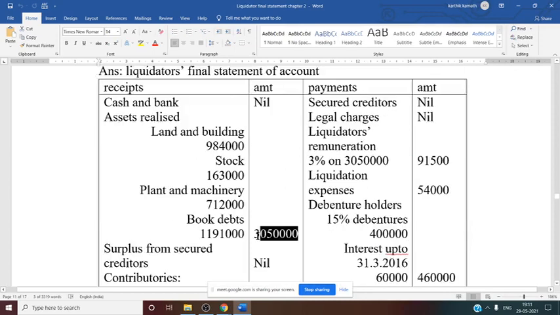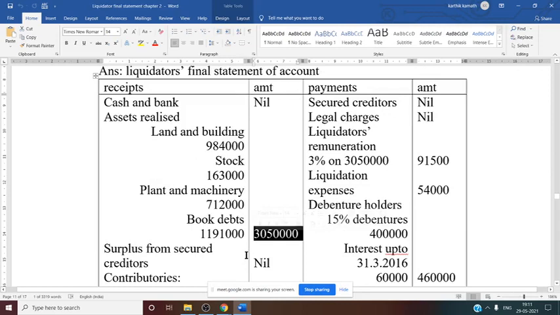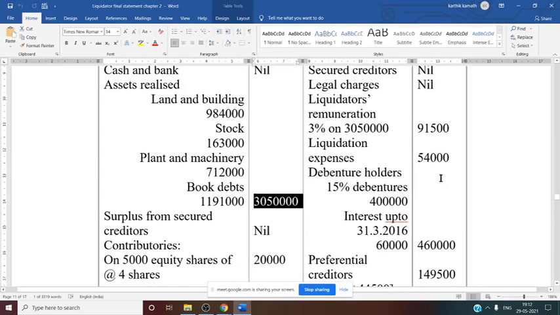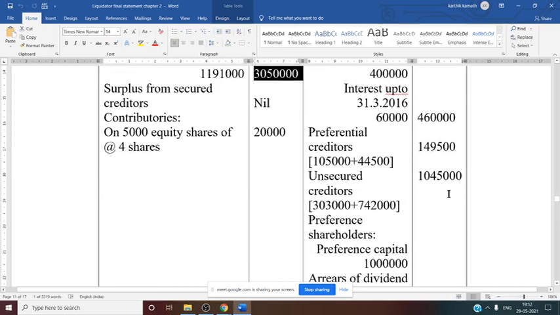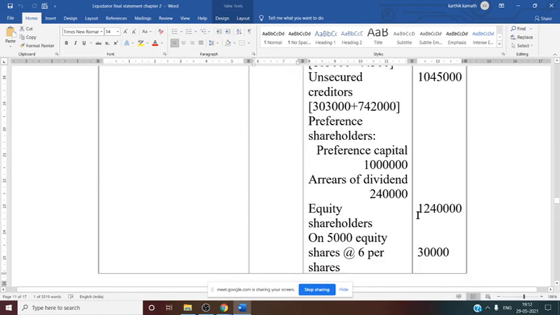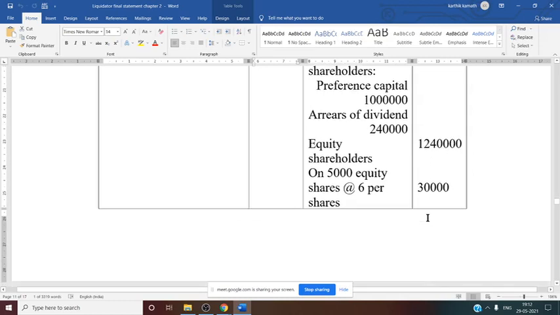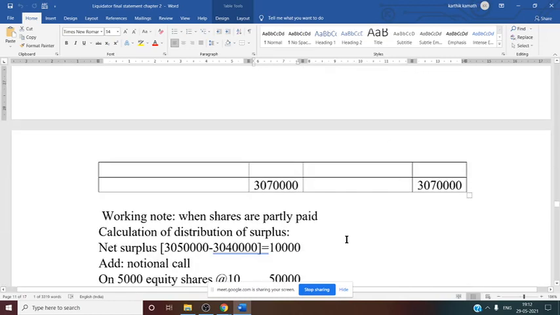Only assets realized 30,50,000 minus all the payment information, 91,500, 54,000, 4,60,000, 1,49,500, 10,45,000, till preference shareholder. All this you need to minus. Now the preference shareholder, that is 12,40,000, again you need to minus from the receipt side. So when you deduct, you will get this amount.